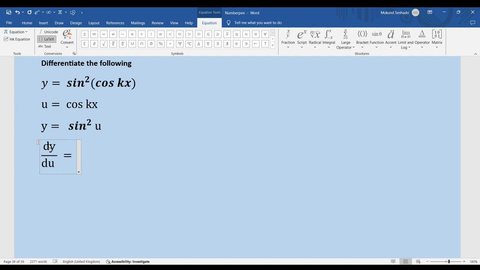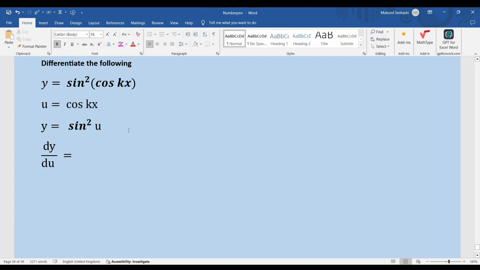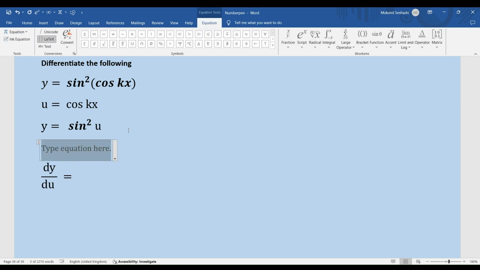So when we solve for dy by du, the way to solve this problem is to apply chain rule again. And what is that substitution I will have to make? Call the substitution v, and the substitution is v equals sine of u. So my y again is now expressed as v. And what is y in terms of v? It is v square.